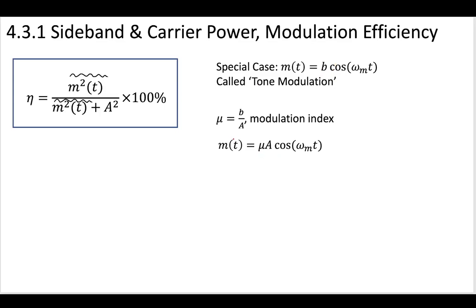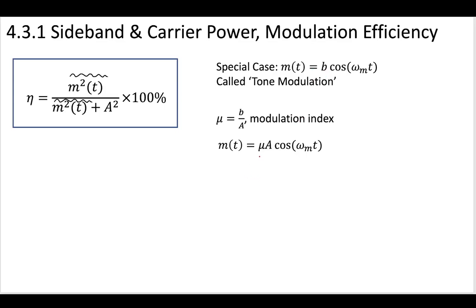So we can define our modulation index as the ratio of B to A. So this is the amplitude of this message signal to the amplitude of that carrier. And we can define that modulation index in terms of this B, the amplitude of our tone modulation.